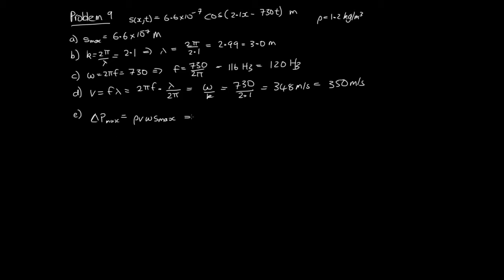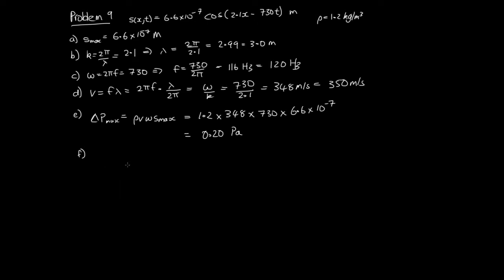So we're just literally substituting in. So 1.2 times 348. For the working, we keep the extra significant figures. Omega is equal to 730, and S max is 6.6 times 10 to the minus 7. Solving that on the calculator, we end up with 0.20 pascals as the maximum pressure change as the sound wave passes.